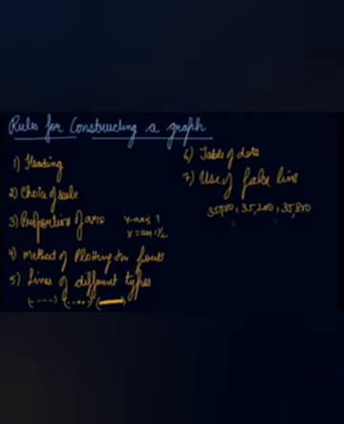Now, if you start your graph from 0 directly to 35,000, it will be considered very wrong. But if you take the scale of 1,000, 1,000, 1,000 and then you go to 35,000, that will also utilize a lot of space, which is another useless thing.